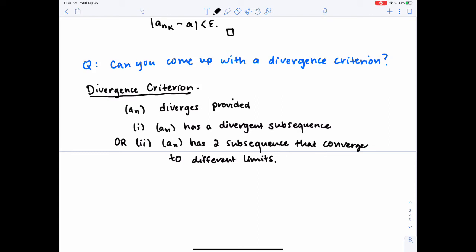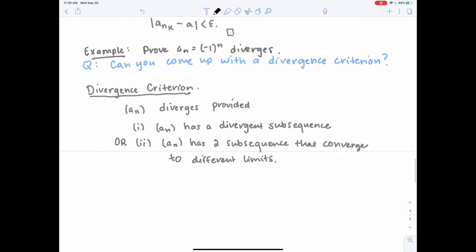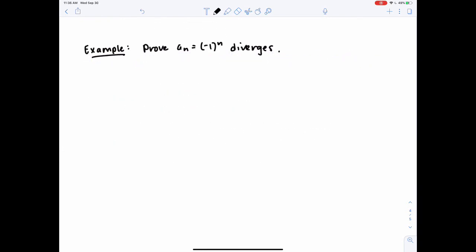So we know that when a parent sequence converges to a, all subsequences have to go to a as well. So if I have one subsequence going to a and the other going to b, there's no way that I can converge to any real number. So let's try to use this divergence criterion. Remember, we have this oscillating sequence, (-1)^n, and we've been saying all along that it diverges.